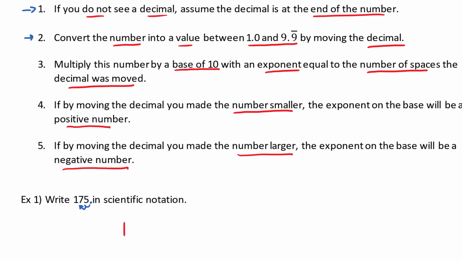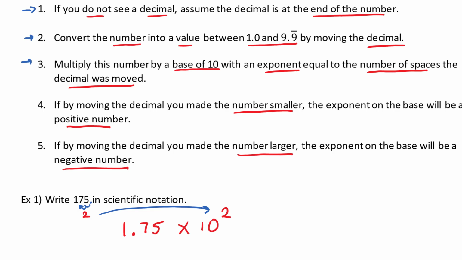This now gives me 1.75. 1.75 is a value 1 or greater, but less than 10. I then use step number 3, multiply this number by a base of 10 times 10. We move the decimal place over 2 spots. Therefore, our exponent on our base of 10 will be 2.